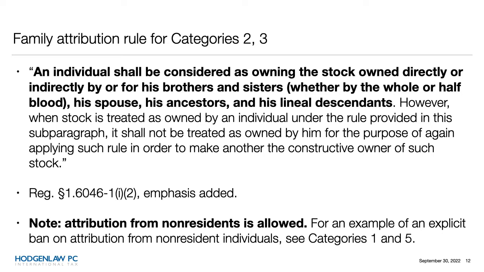And this is by contrast to Categories 1 and 5, where attribution from non-resident alien individuals is not allowed. So you can be the constructive owner of shares owned by a family member for Categories 2 and 3 purposes, even though the family member is a non-resident.